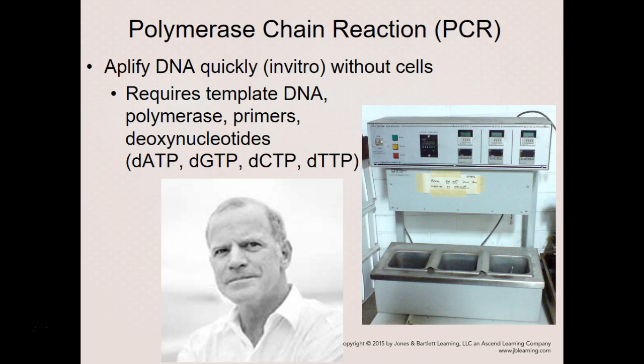It's not hard, but it's time-consuming. And we have come up with new processes that don't use cells at all. And so this is known as in vitro replication of DNA. And the process is known as polymerase chain reaction.